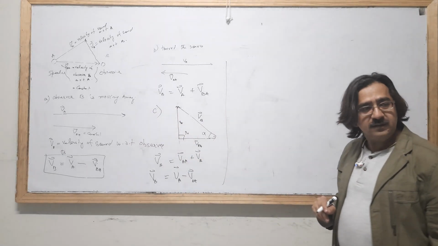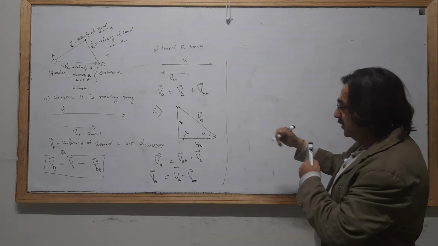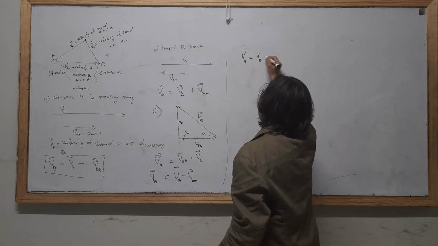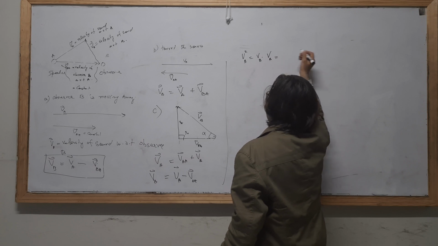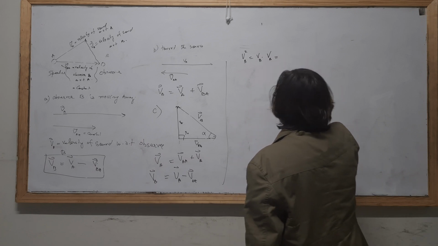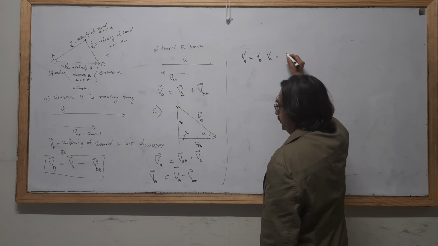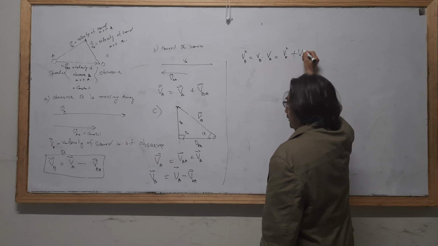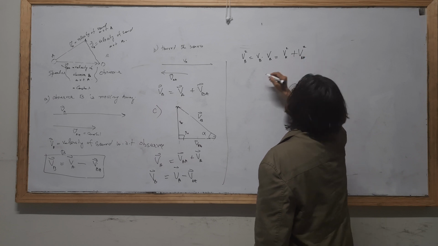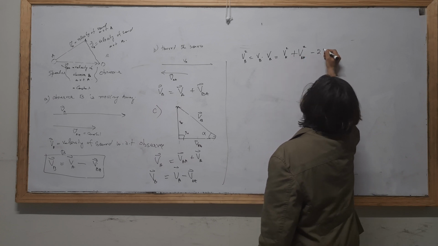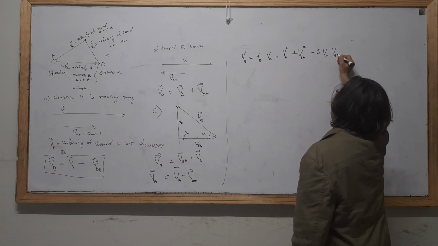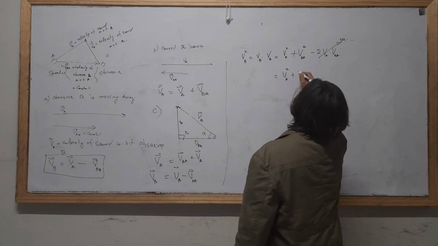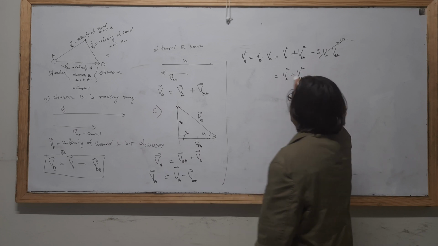We can only find the magnitude by taking the dot product, so VB squared will be equal to VA squared plus VBA squared minus 2 VA dot VBA, which is 0. So this will be VA squared plus VBA squared.